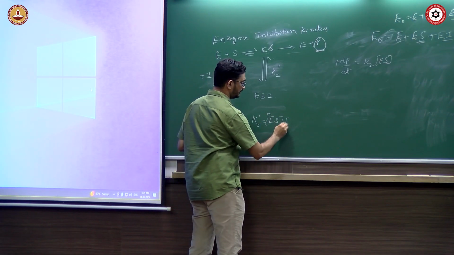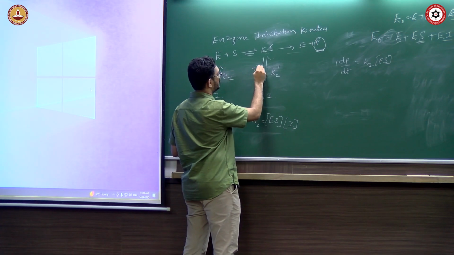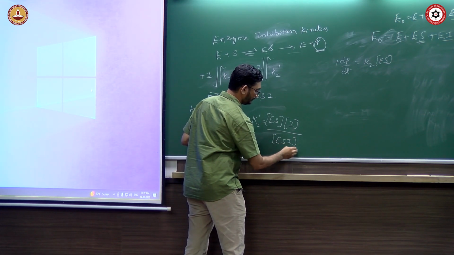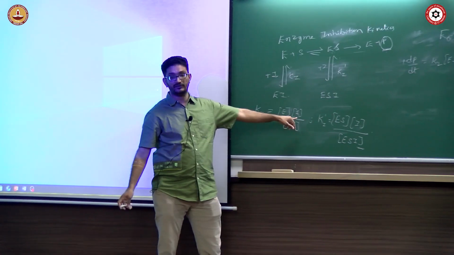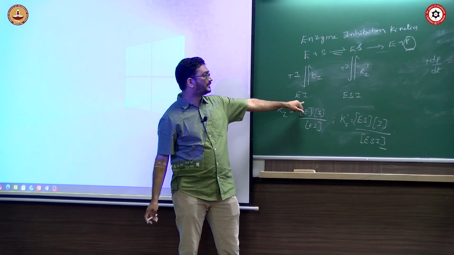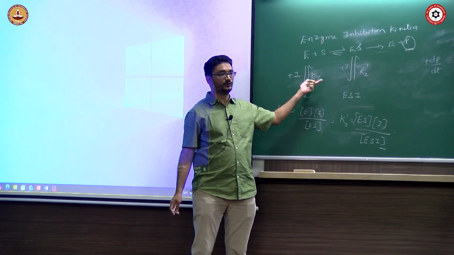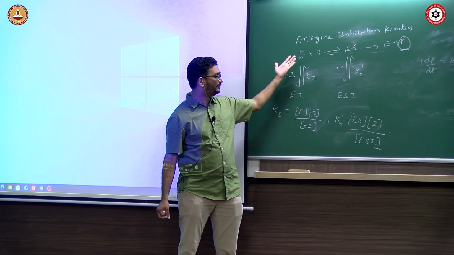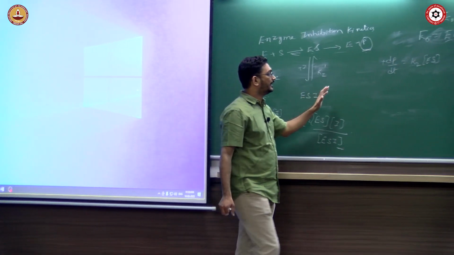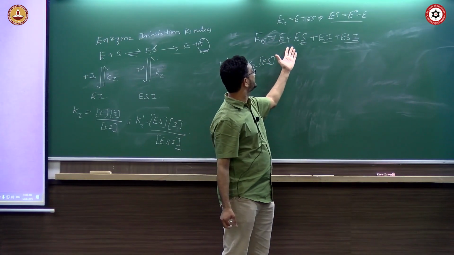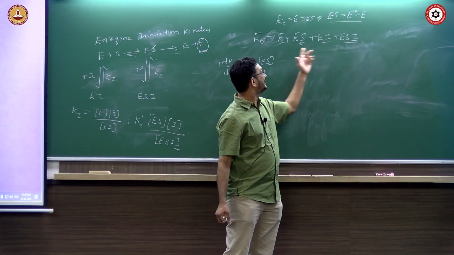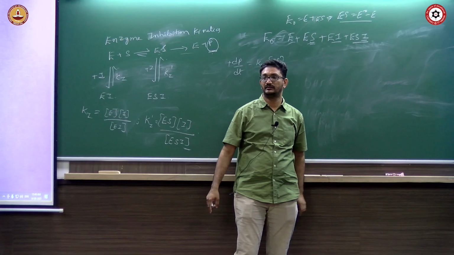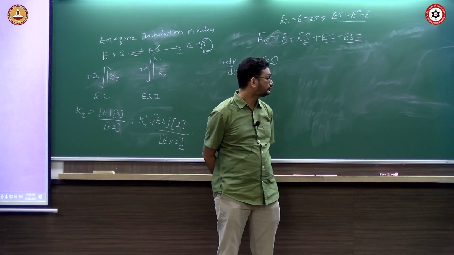ES into I by ESI, because there is also I here. So these are the two equilibrium constants that we have, right? What I am trying to show you is how the enzyme inhibition kinetics differ from those without the inhibitor. Now coming back to this, E0 is equal to E plus ES plus EI plus ESI. Can you write these in terms of the equilibrium constants?